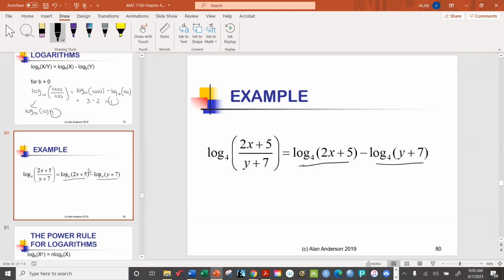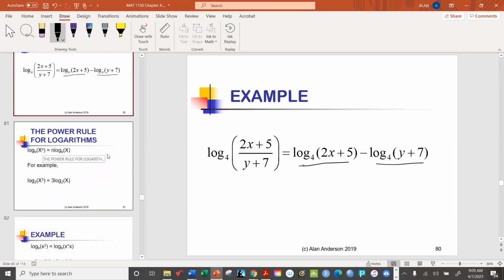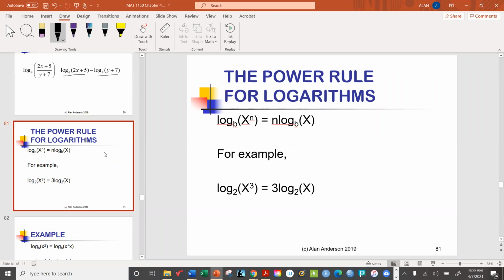Now, there's another case which is really helpful, the so-called power rule for logarithms, which is surprising when you first see it. Let's say I have an exponent, the log of an exponent. Look what I can do with it. The log of x to the n power can be rewritten as n times the log of x.